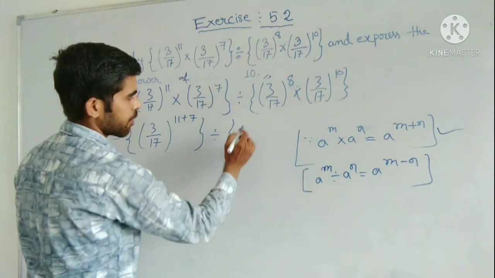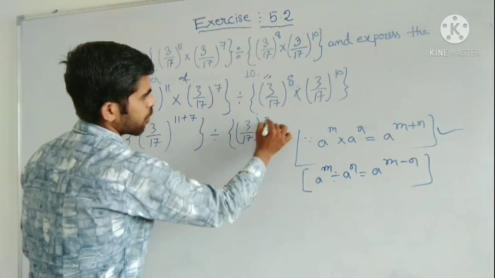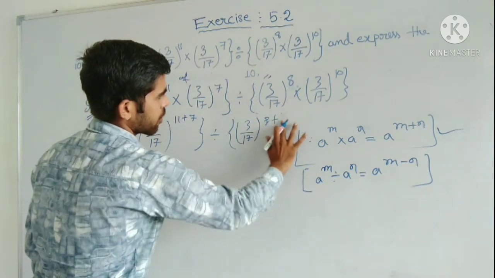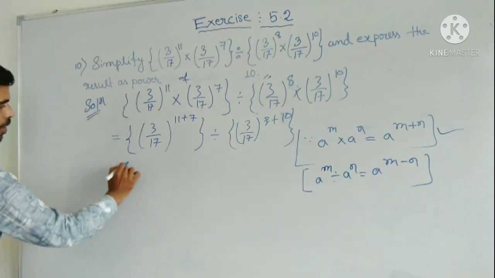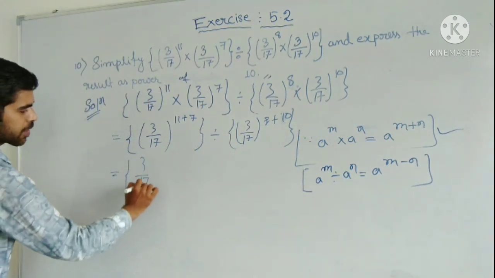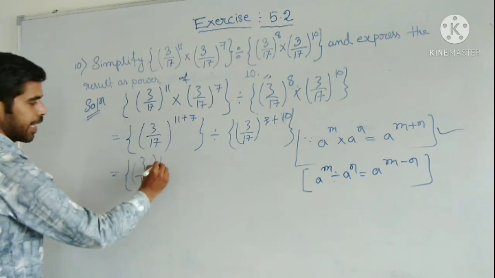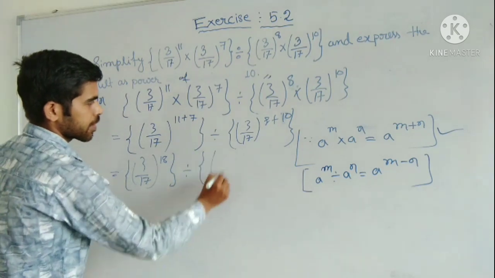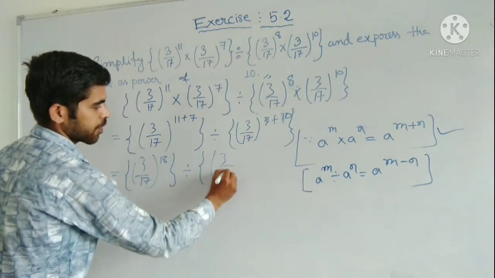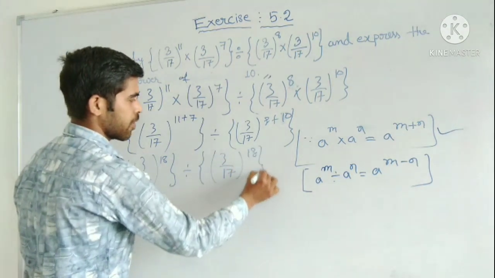So same here, multiply sign is there, then power will plus. Now see 3 by 17, and then 11 plus 7 is how much? 18. Okay, now same 3 by 17, 8 plus 10 is how much? 18.